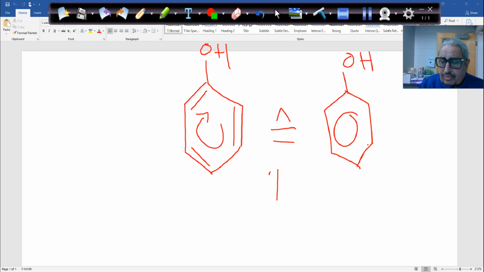This is phenol. Those three double bonds within the cyclic ring are not fixed in space; they are not localized, they are delocalized, moving around in a loop.